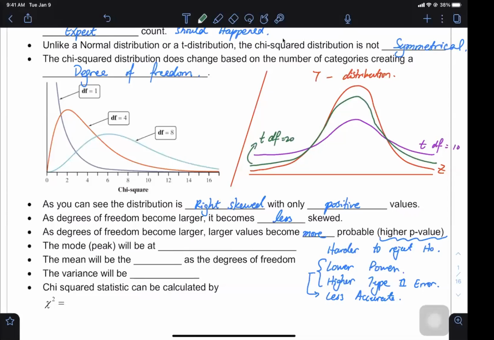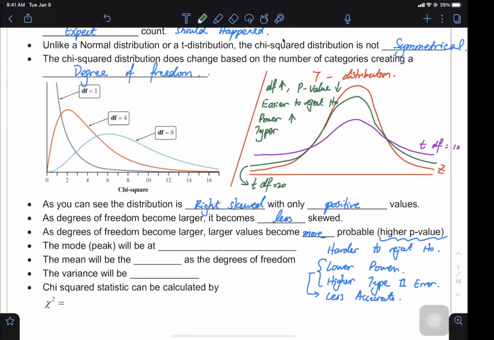So for the t-distribution, as our degrees of freedom increase, our p-value decreases, which means it's easier to reject our H0. It also means the power is higher and the type 2 error is lower, so it means more accurate.